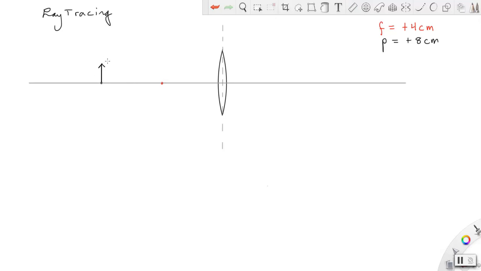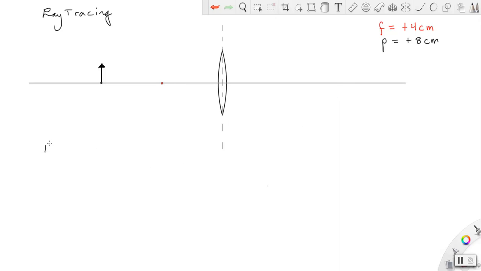And we won't put a number to it, but we'll be able to visualize how tall it is whenever we find our image location. So without running through the equation, we can find this by using three principal rays.